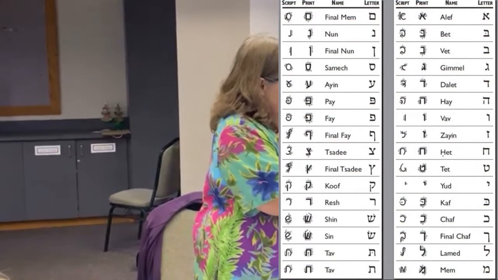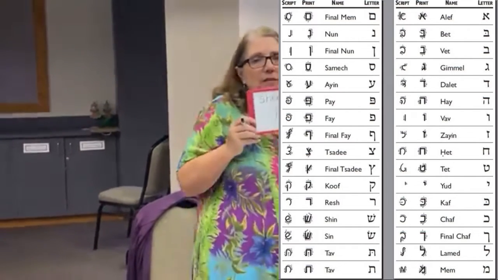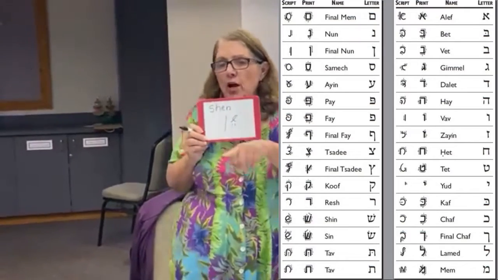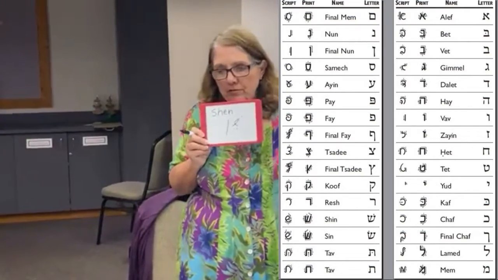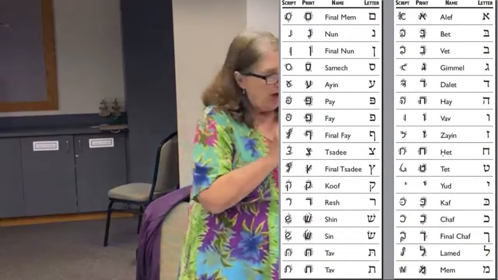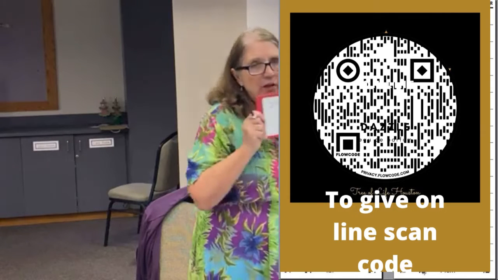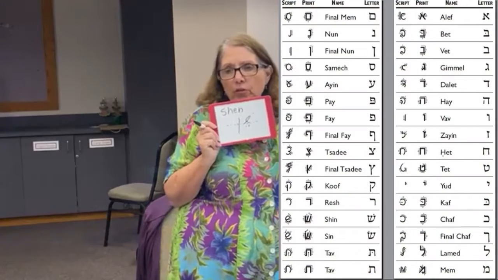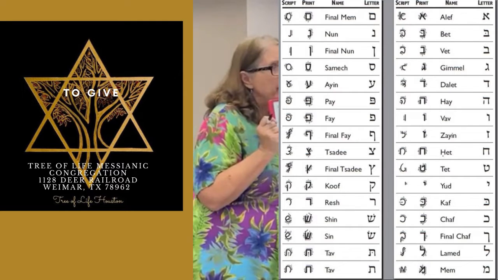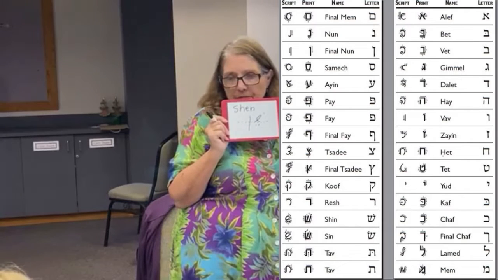Now, make sure your Nun is long, a little bit longer, because it's going to go below the line. Usually the vowels go below the line. It's not a big deal, just make sure your Nun Sofit is long. Like this.